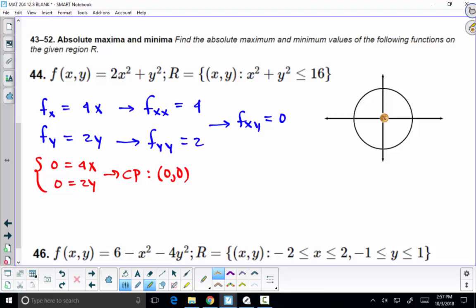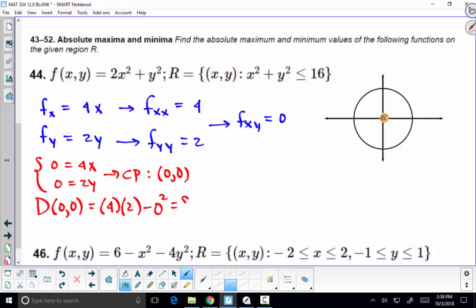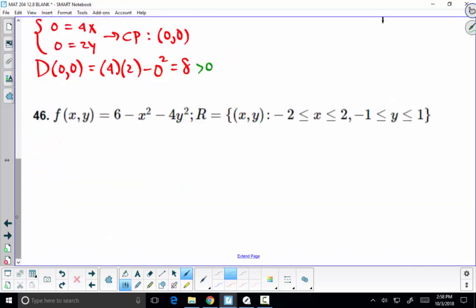We can use the second partials test to figure out what's going on there. Let's analyze that point before we get to the boundary. So the discriminant at the origin is equal to f sub xx times f sub yy minus f sub xy squared. So we get 8, which is greater than 0. So what does that tell us about that critical point?